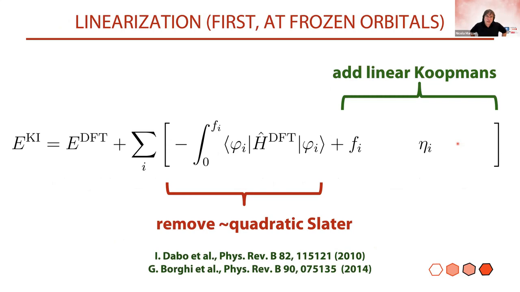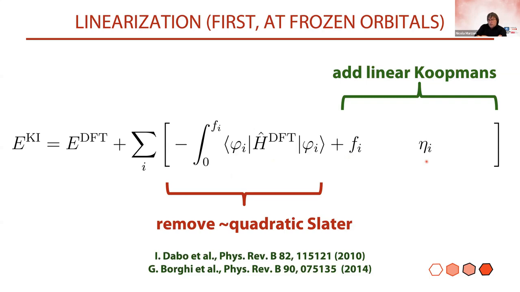Exactly as in DFT plus U, orbital by orbital, you remove the actual dependence of the energy on the occupation. That is roughly quadratic, but this is what explicitly is the dependence of the energy on the occupation of the orbital f_i, and you substitute this pseudo-quadratic dependence with a linear dependence. That is what we call the Koopmans term.